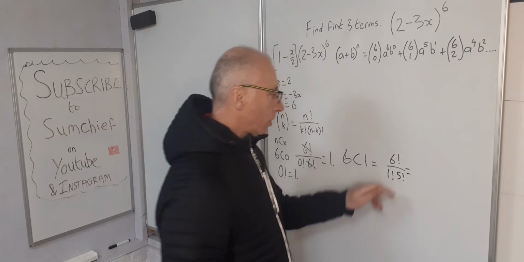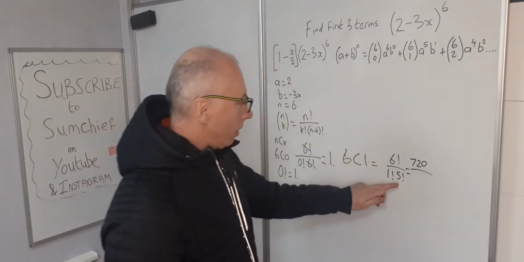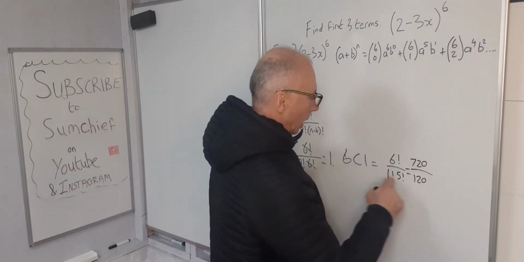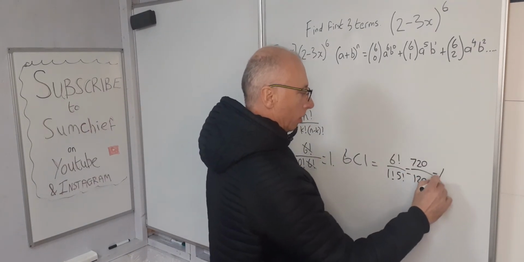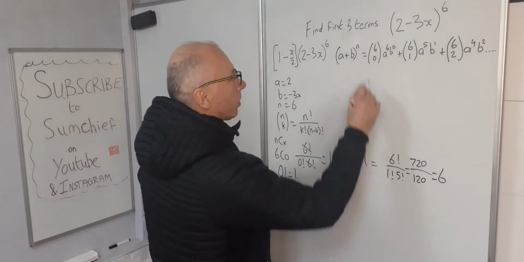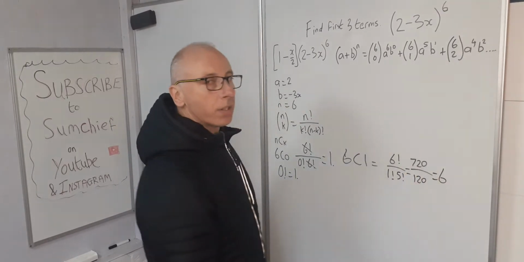So 6 factorial is 720, 5 factorial is 120, times 1 is still the same, so that equals 6. So there we go. We've got 6 choose 0 is 1, 6 choose 1 is 6.